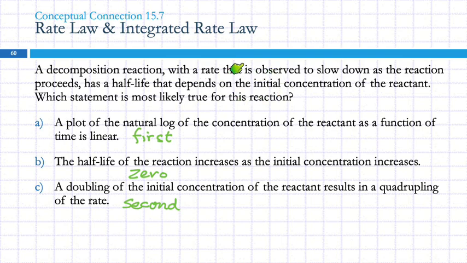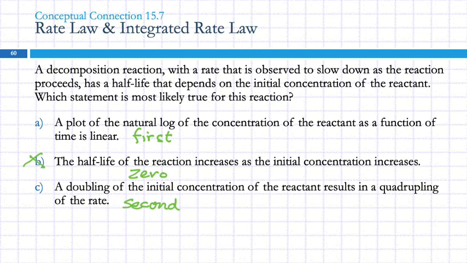So it's a good guess that this one's the zero order, right? This one is saying that the rate slows down as the reaction proceeds, and the half-life depends on the initial concentration. Well, what do we know about a zero-order reaction? Does the rate change? No, the rate's the same. So this can't be zero order, because the rate slows down as the reaction goes. So it's not B. And the half-life depends on the initial concentration.